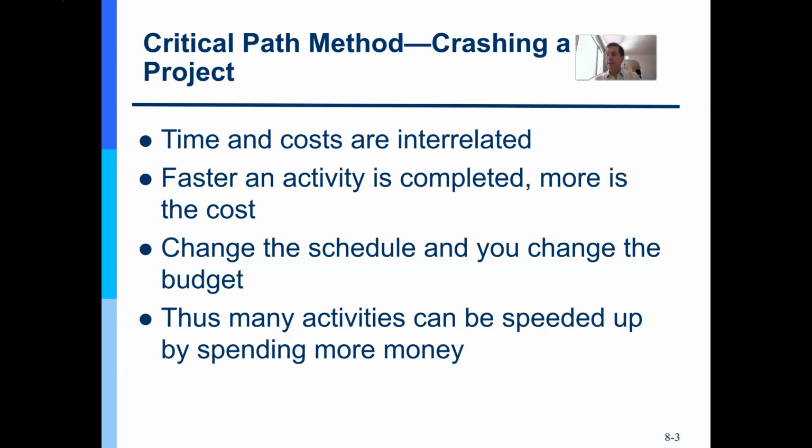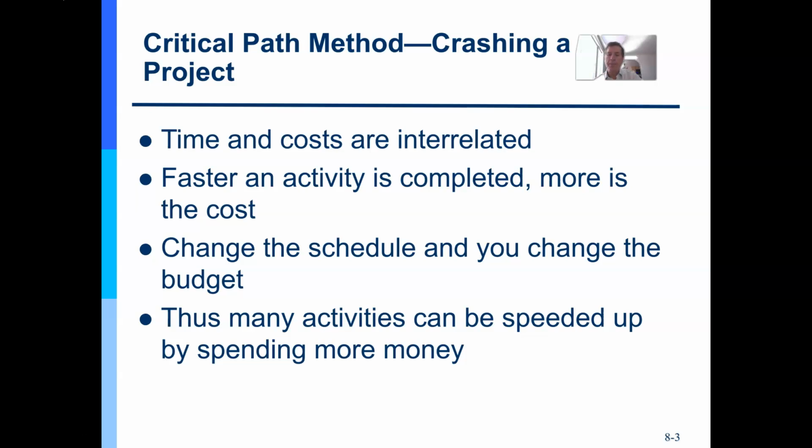Yes, of course it does. There are a million reasons that can happen. And so one of the things you can do, one of the tools, is called crashing your schedule. And to crash your schedule, what you're really going to do is add resources, which cost money, to accelerate the activity or activities that you want to catch up on.